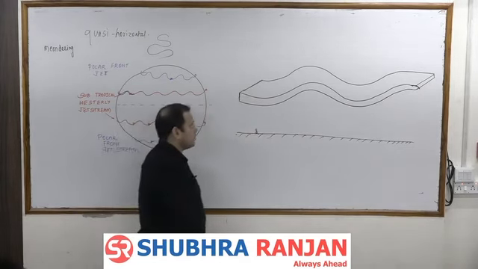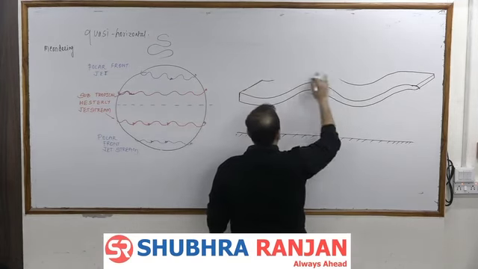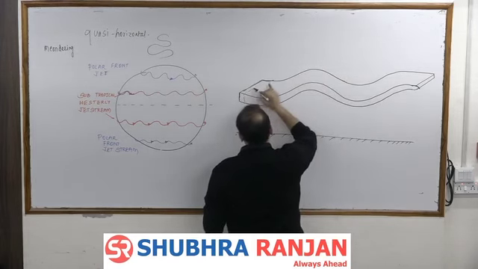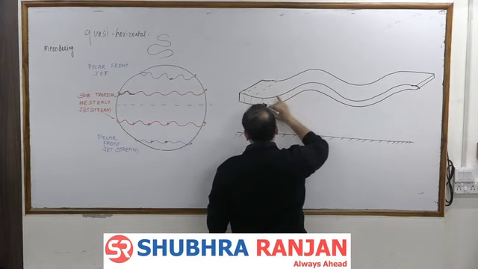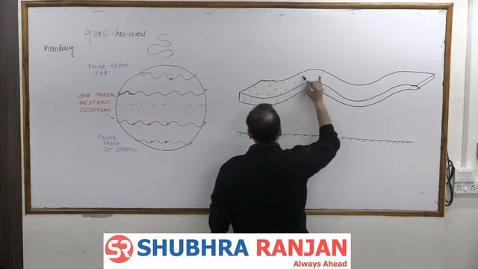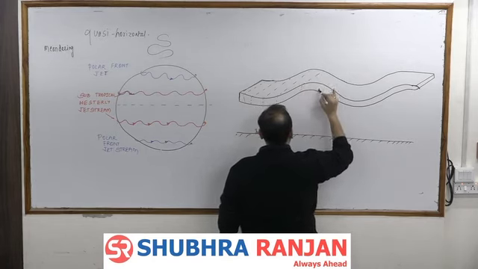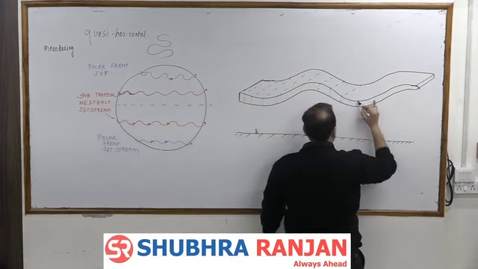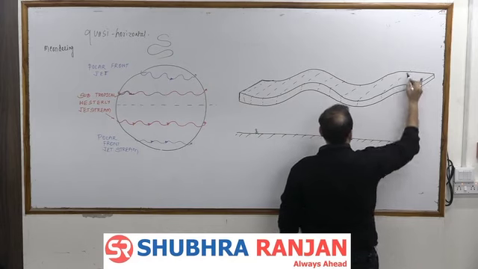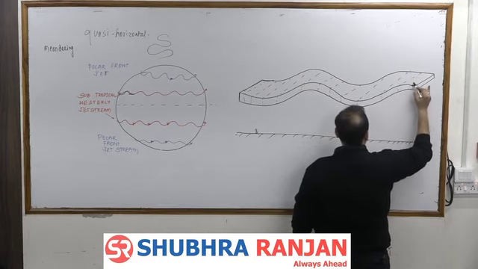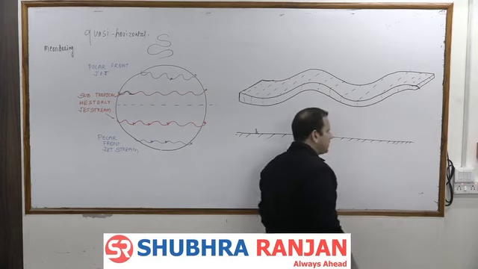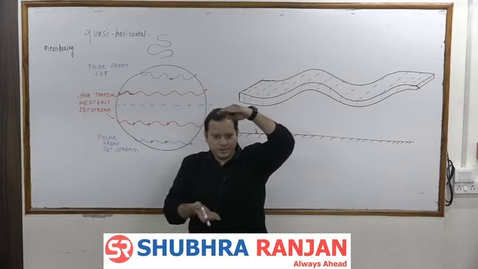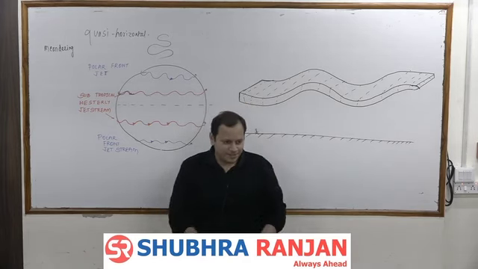Jet streams extend for thousands of kilometers in length, hundreds of kilometers in breadth, and a few kilometers, 6 to 7 kilometers, in depth, not width, in depth.